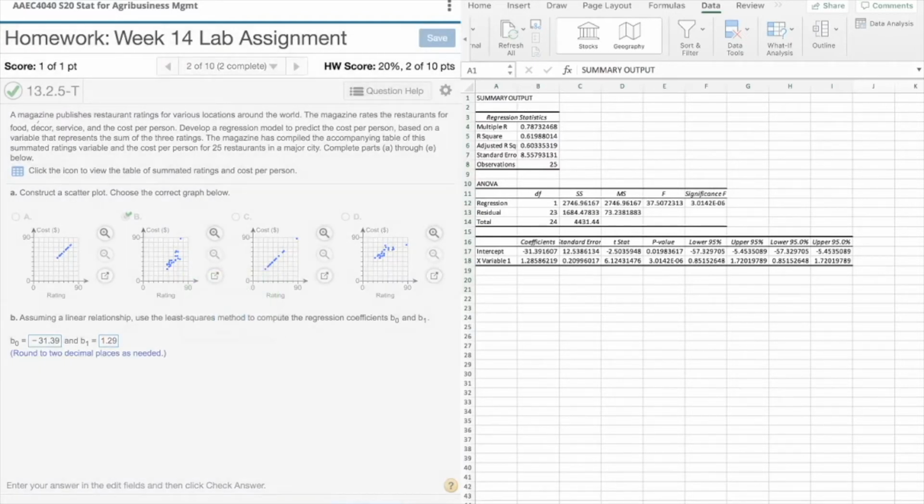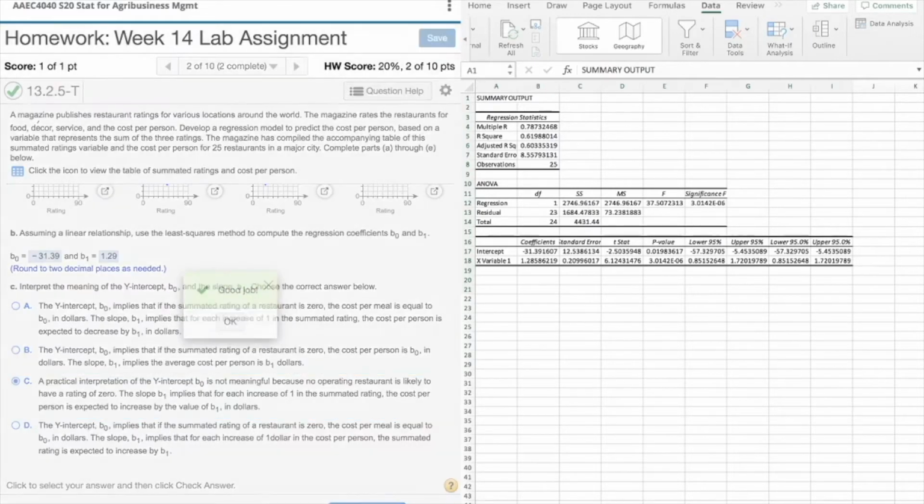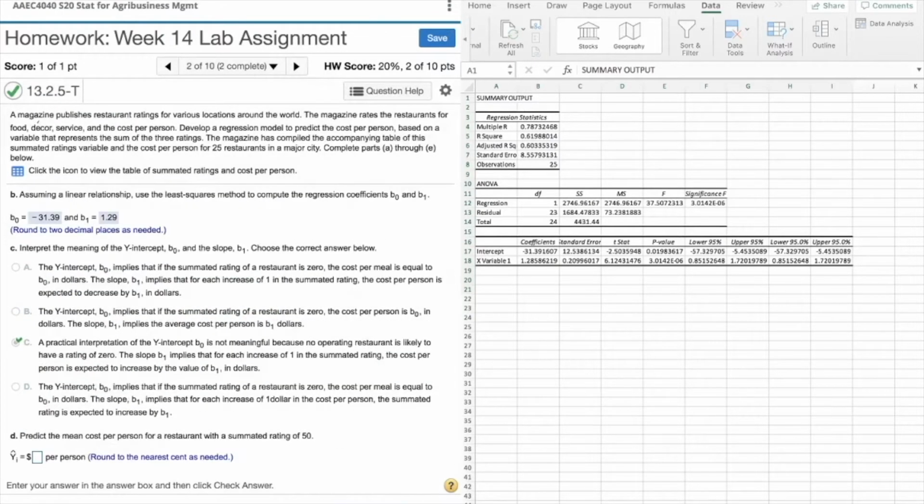Okay, next question. To interpret the meaning of B0 and B1, first B1 is positive and it implies the marginal cost, so A and B are false. And D is false because the summated rating is the X value, so it can affect Y, not be affected by Y. And C is correct because it is unlikely that a restaurant would have a rating of 0.